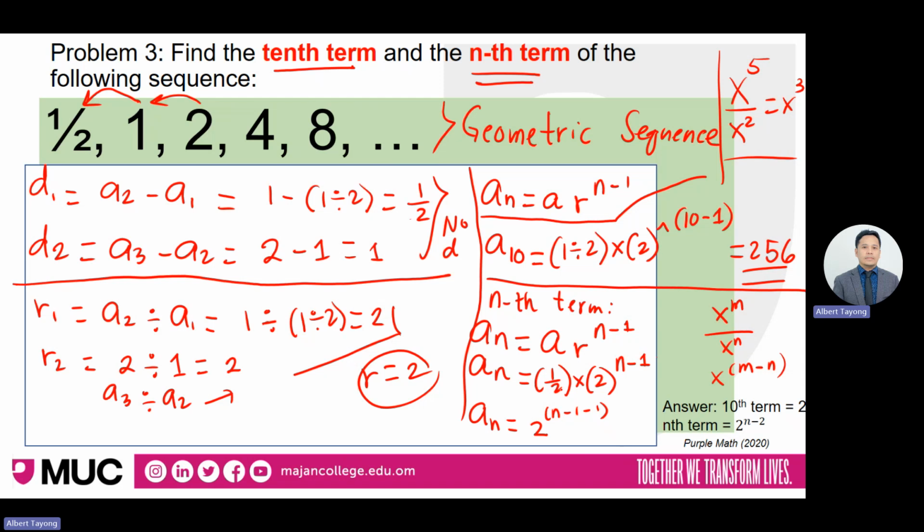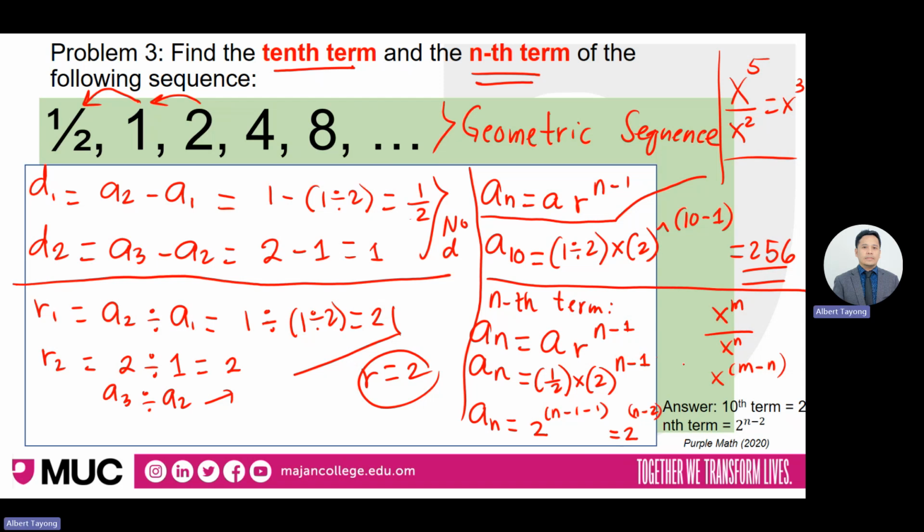That is 1/2, it means 1 over 2 raised to the power of 1. So n minus 1 minus 1 means n minus 2. We cannot touch n. We can touch only the minus 1 minus 1. You know that minus 1 minus 1 is minus 2. So our a sub n is equal to 2 raised to the power of n minus 2.